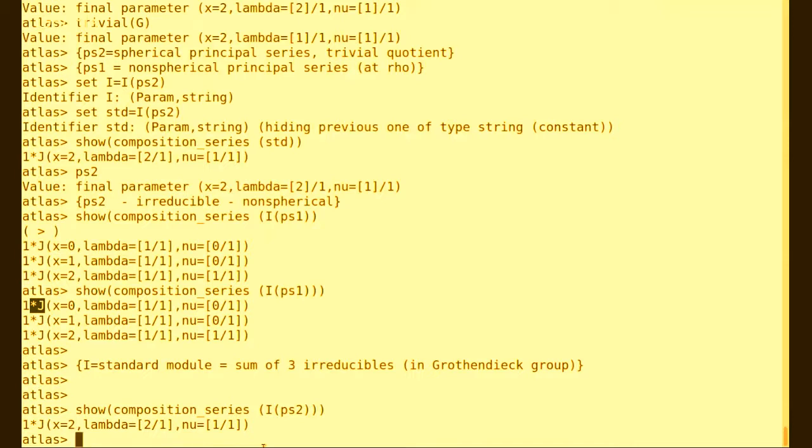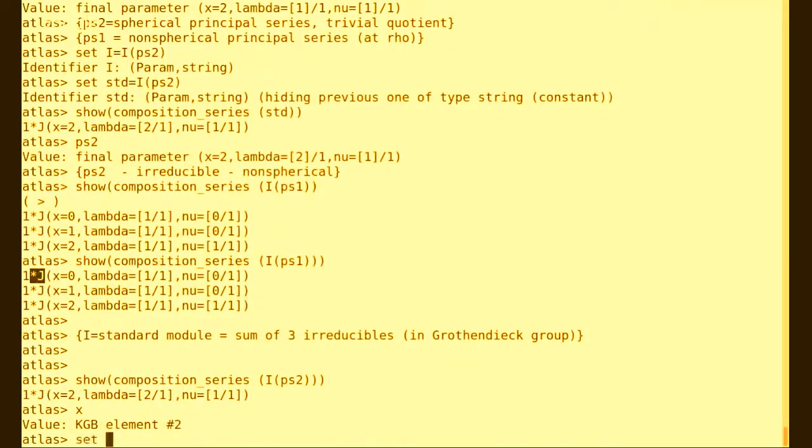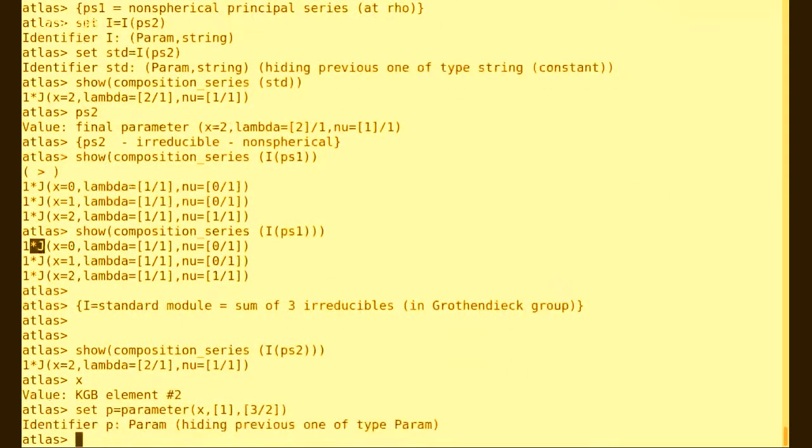Let's look at a slightly different example now. X is this KGB element. Let's set P to be the parameter X, and let's take the spherical one, which is given by rho. But now let's change nu to 3/2.